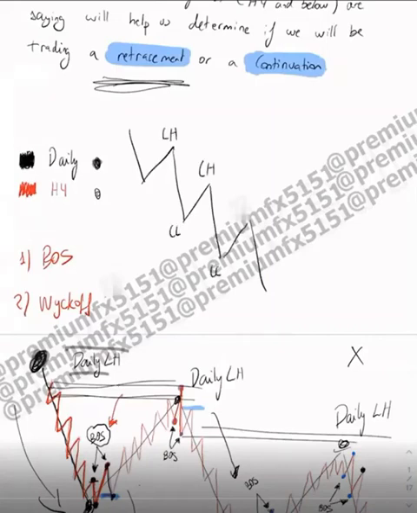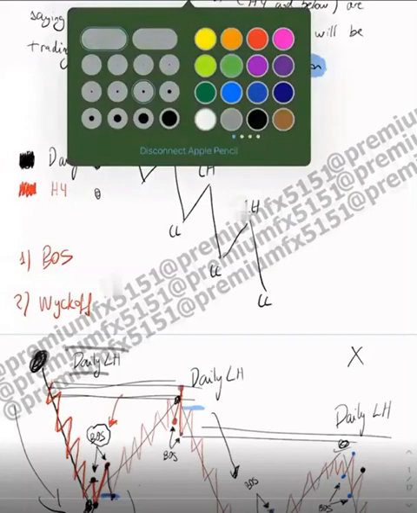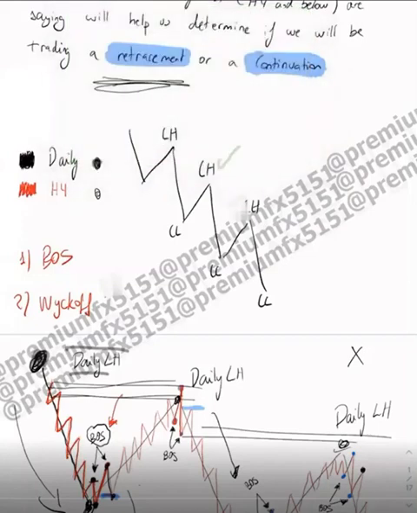The most important thing is that for me to have a structural point confirmed, to have a lower high that is valid, I need to have a lower low that is valid.